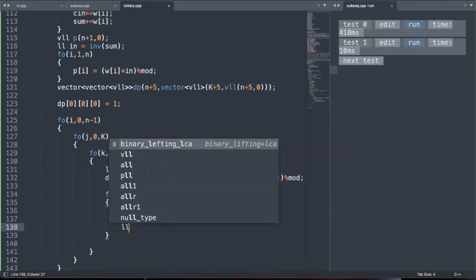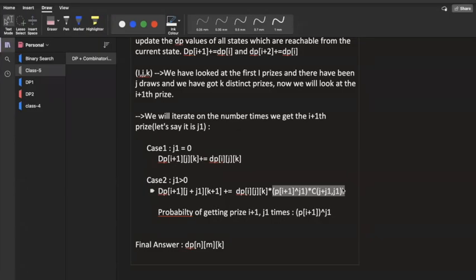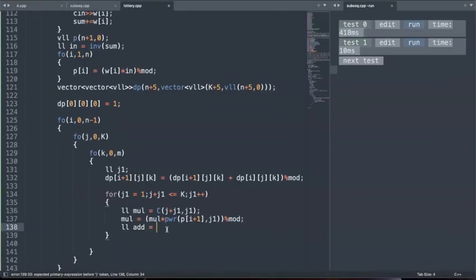Okay, so now let's take another variable, call it add. This add variable will store this thing. So this add variable is going to be dp[i][j][k] multiplied by mul, mod.